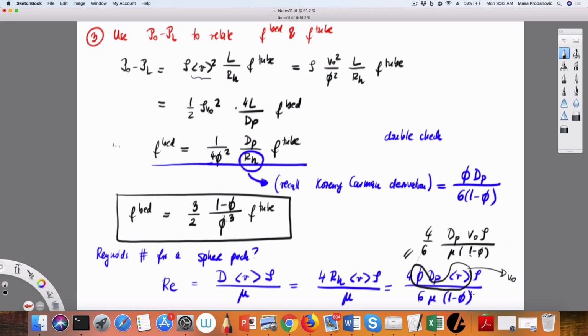Okay, so now that we have figured out what the Reynolds number should be, then we can actually talk about flow regimes through the SpherePack. So let's now put that together.